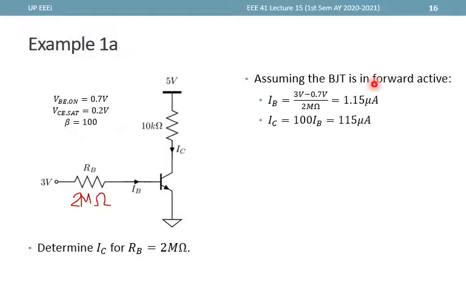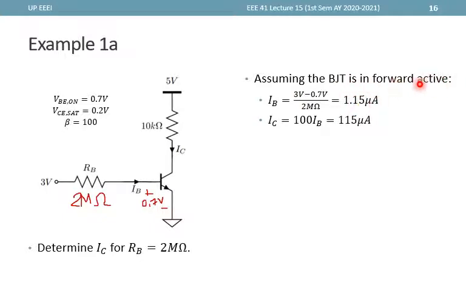Again, we'll start with a forward active assumption, and given that this must be VBE on, and therefore IB must be equal to the current through this RB directed rightward, so 3 volts minus 0.7 over 2 mega ohms, and we can compute 1.15 microamperes.